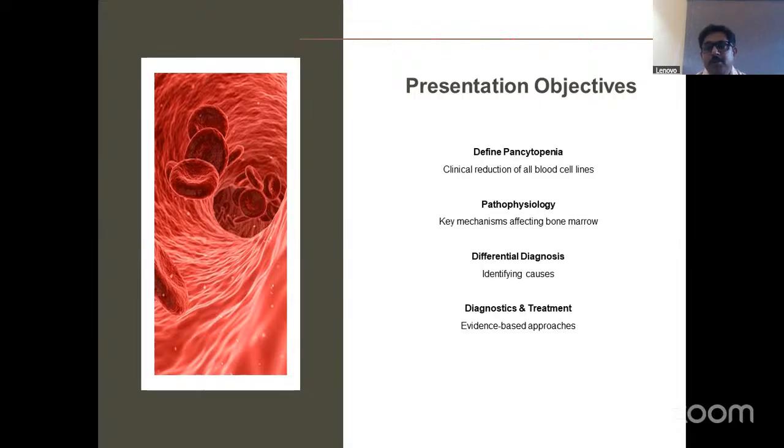So today's presentation objective would be to define pancytopenia, to discuss in brief the pathophysiology, to discuss differential diagnosis, to discuss the algorithm of approach to pancytopenia, and in the last, the diagnostic and the treatment protocol that we have as of now in pancytopenia. The next 40 minutes would be focusing on pancytopenia, and I'm sure the students at large would get benefit out of this.